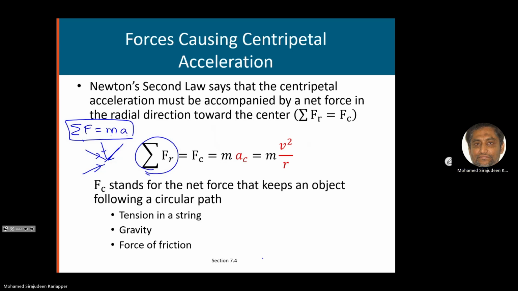So the net force in the radial direction, along the direction of the centripetal acceleration, is equal to mass multiplied by the acceleration. Now we know the acceleration is the centripetal acceleration. So this is the net force in the direction of the centripetal acceleration. We also denote it like that; the C stands for centripetal. So instead of writing the sum of all the forces directed to the center, we can just say F sub C, the net force in the direction toward the center of the circle.